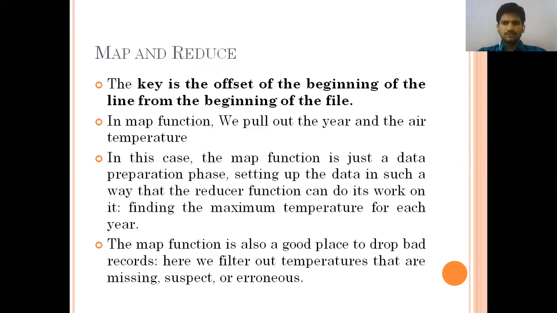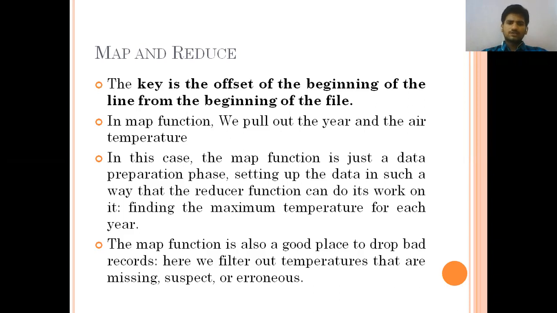So we take the raw data into the mapper function, and it arranges the key-value pair combination. Once that is done, it drops the bad records. For example, if there is a year but we don't have any temperature record for it, what do we do with that year? Such bad records are dropped.